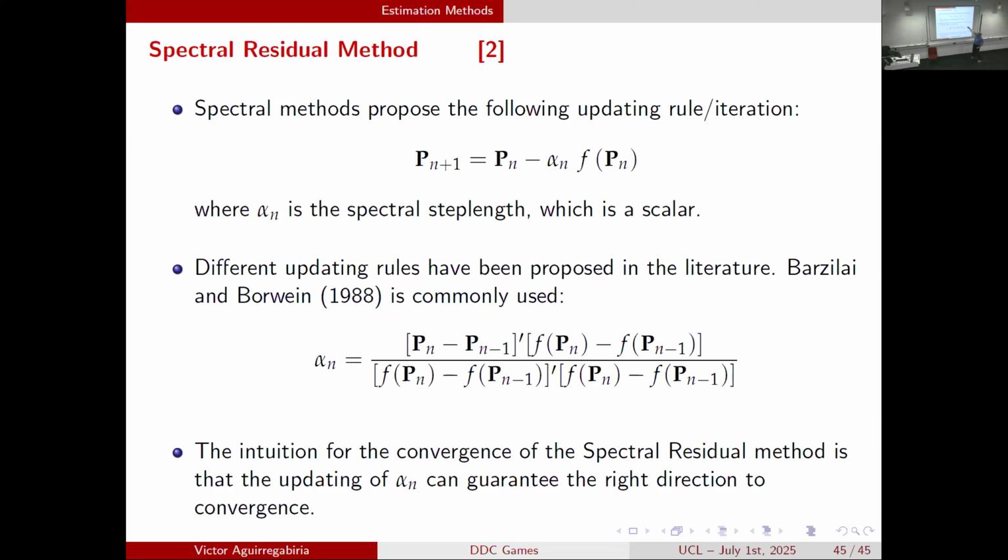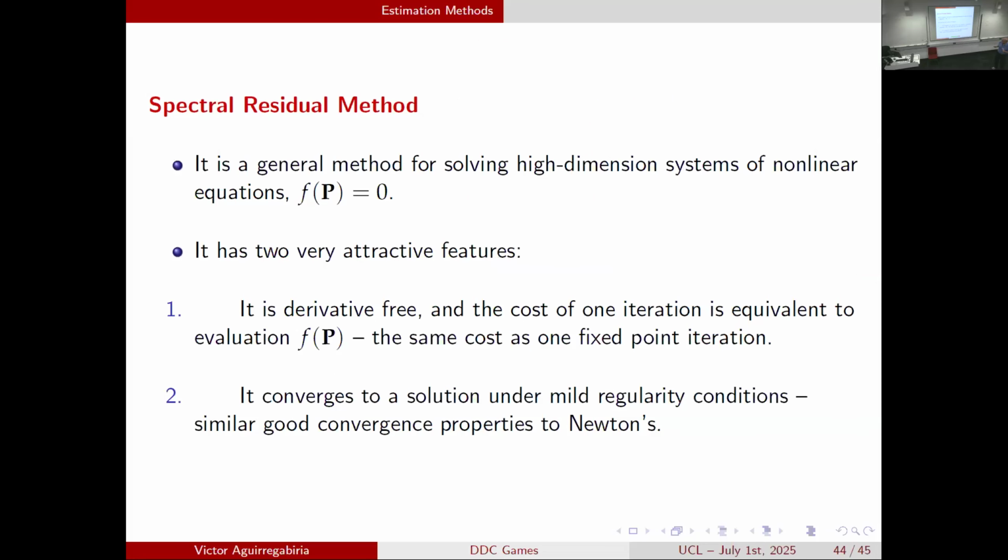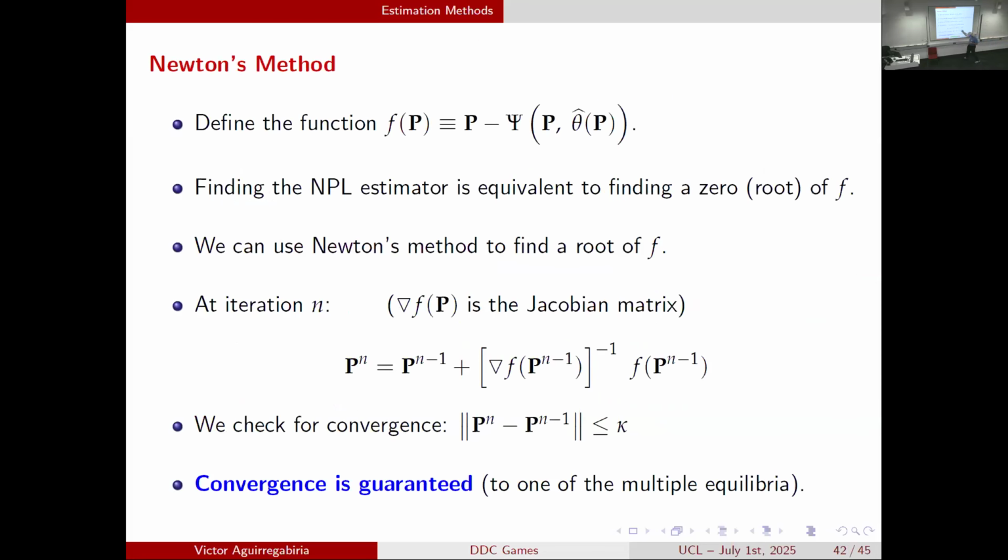And then at each iteration, we update this scalar alpha in a way that, under some conditions, is guaranteed to converge to the inverse of the spectral radius of the Jacobian matrix, that is, the maximum eigenvalue of this matrix, okay?